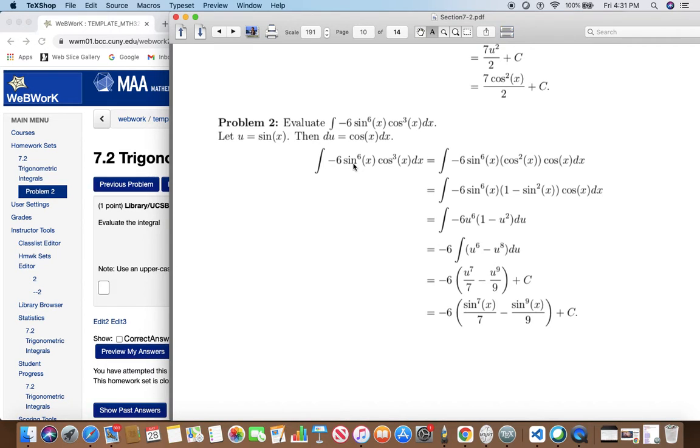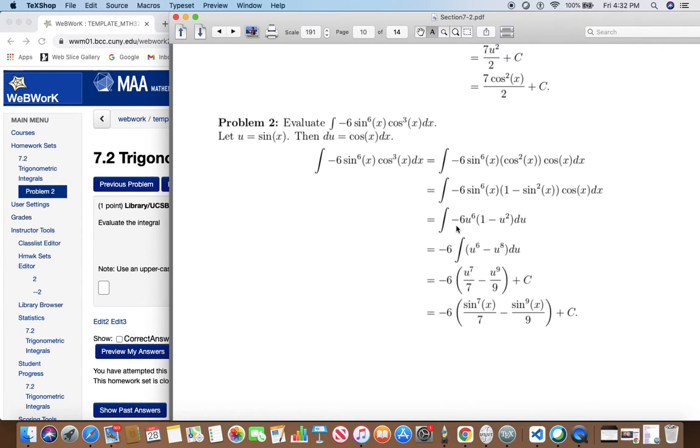Let's see. Sine to the power 6, cosine cubed. Let's split that into cosine x dx and cosine squared. That cosine squared in turn becomes 1 minus sine squared. So now you have u equals sine x, du equals cosine x dx. We are taken care of here.